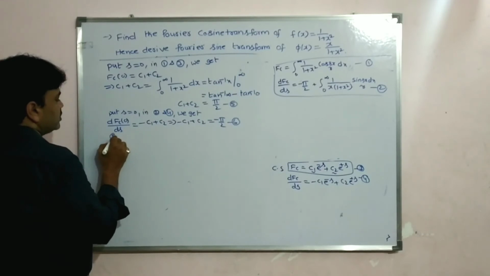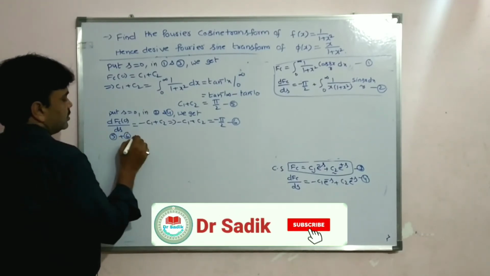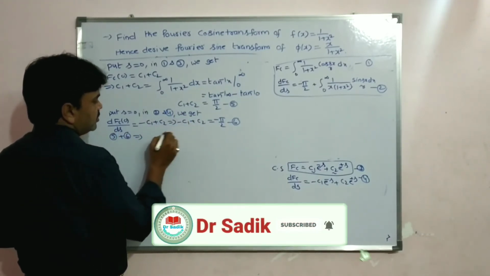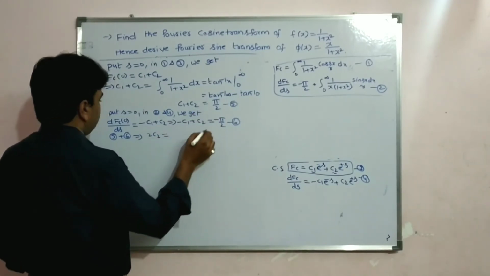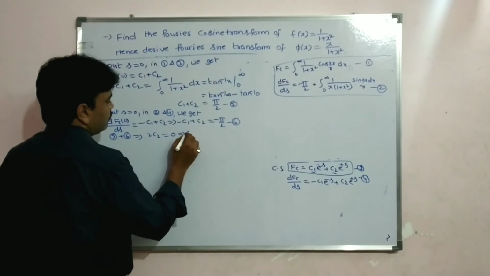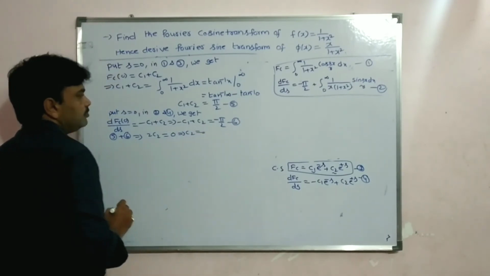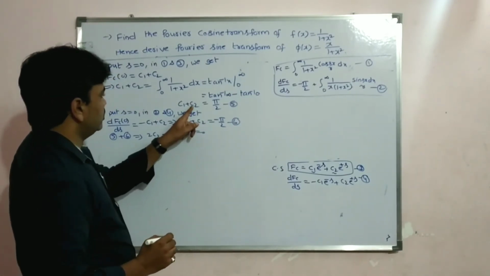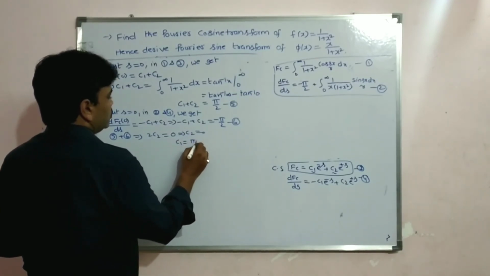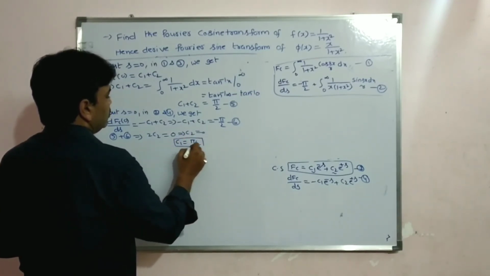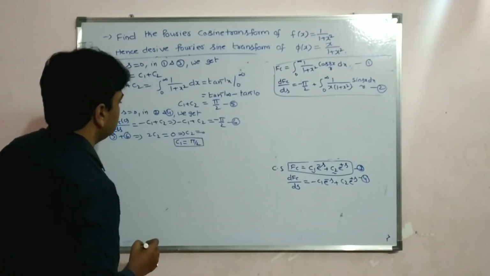Say 5 plus 6, that implies c1 cancels, so it is 2c2, that is equal to 0, so c2 value is 0. When c2 is 0, substitute here, we get c1 equal to pi by 2.